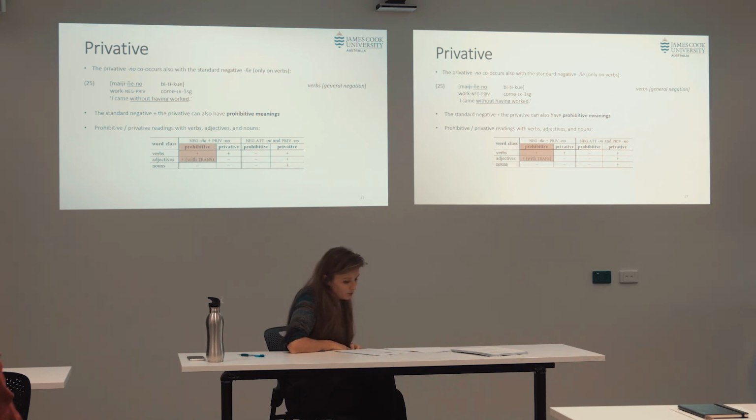And we have here a table which shows the prohibitive and privative readings with verbs, adjectives, and nouns. And we can see that the prohibitive reading is only possible with the standard negative nie on verbs and derived adjectives, and otherwise the reading is always privative.